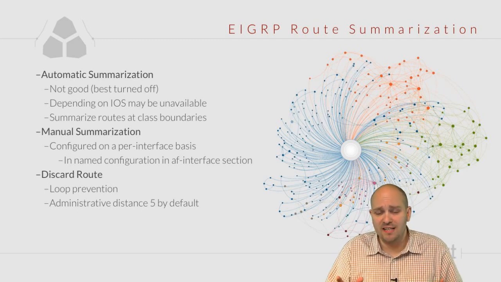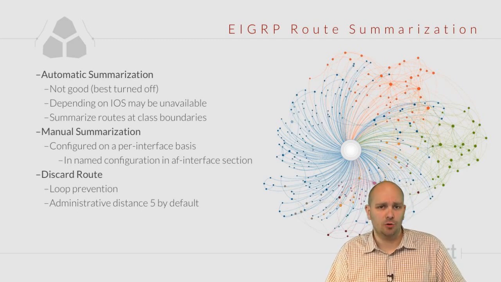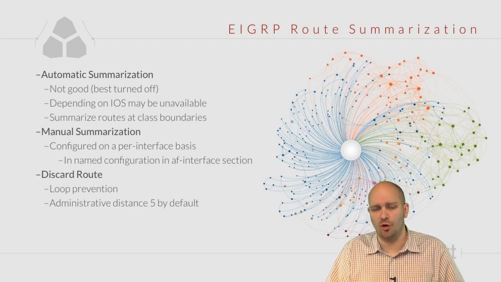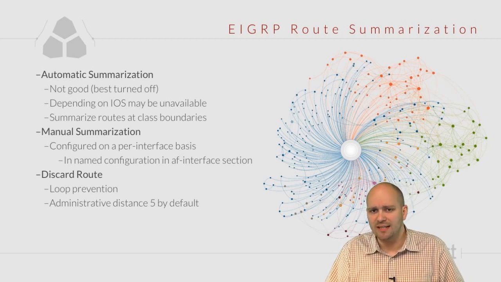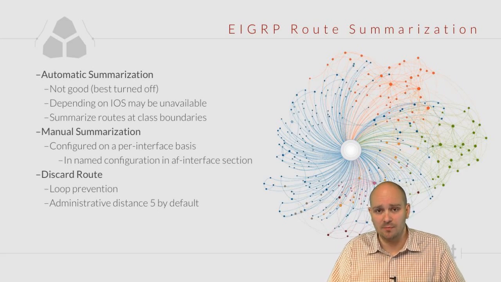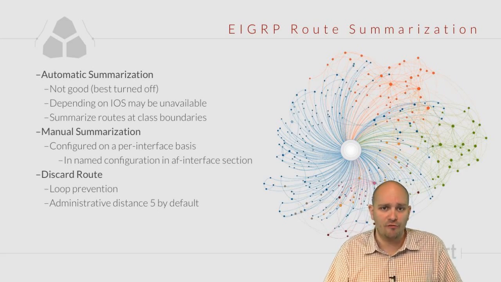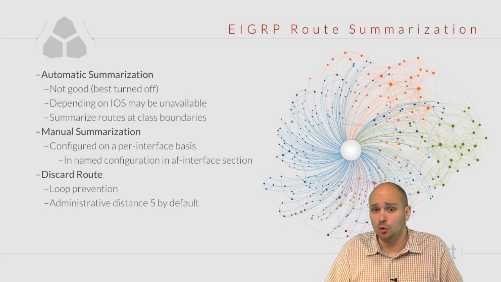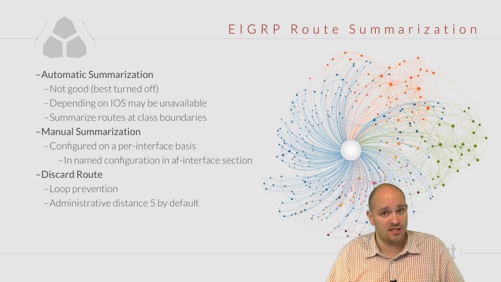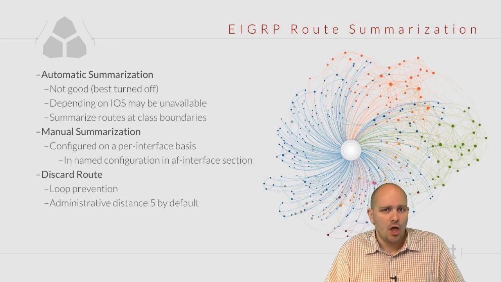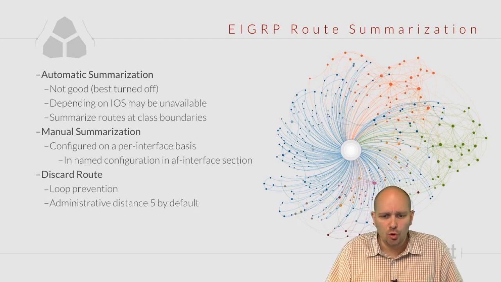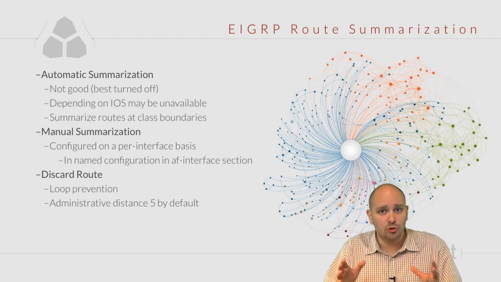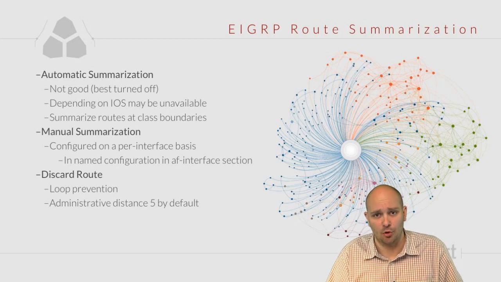And in all of these cases, EIGRP is automatically going to install a route that is called the discard route for the summary, with a default metric, with the default administrative distance of 5, pointing to the Null0 interface for the summary that you just created. The purpose of this so-called discard route is loop prevention. And I'm going to talk about this in a little bit more detail.